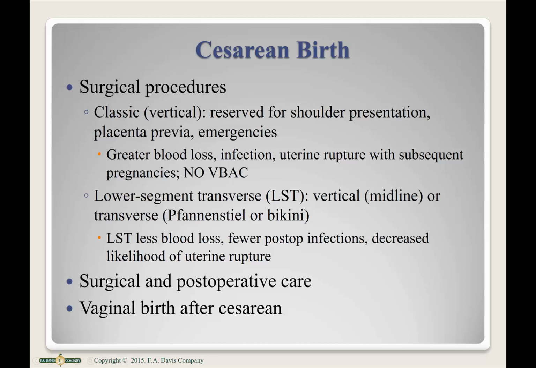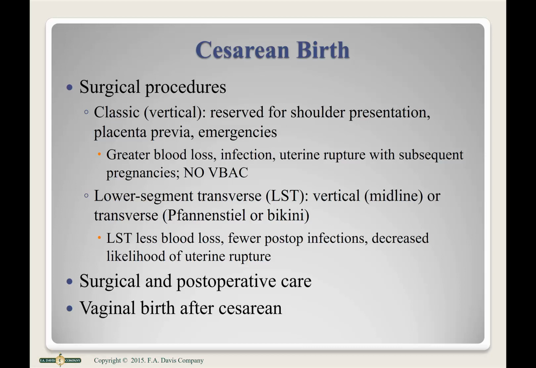All right. So we handle this patient like a surgical patient. We do post-op care just like a surgical patient, with the added assessments of her bubble heat and care of her baby. Okay. And then she can have a vaginal birth after cesarean section. It's called a VBAC. And that's actually an old term. The new more politically correct term is TOLAC.